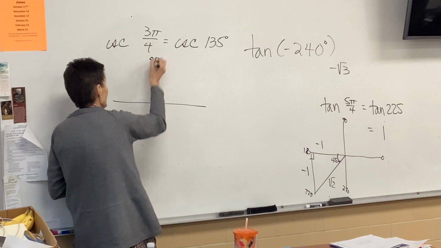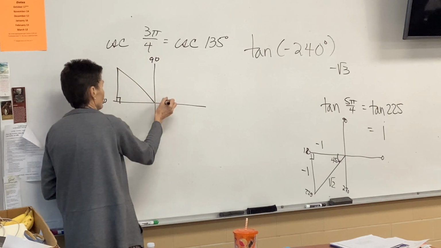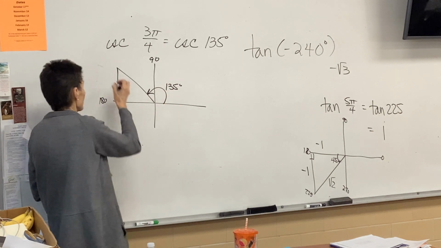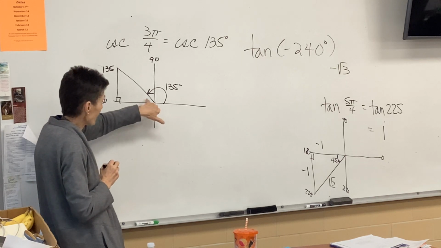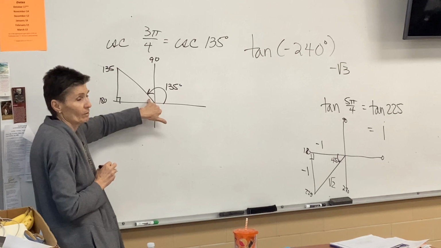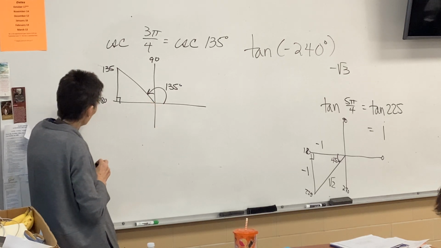It's between 90 and 180. This is the angle that you want, boys and girls, always the one in the triangle. So how far is it from 135 to 180?